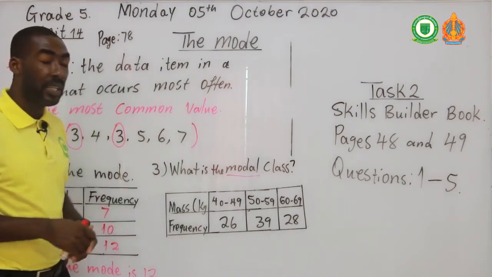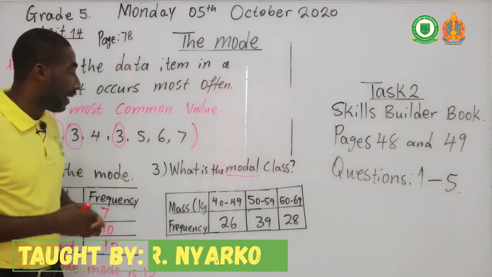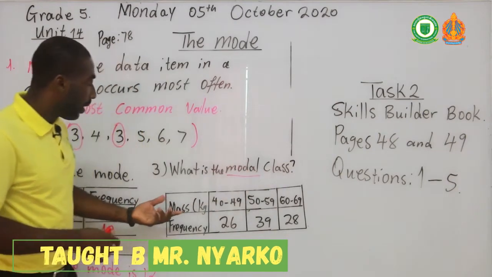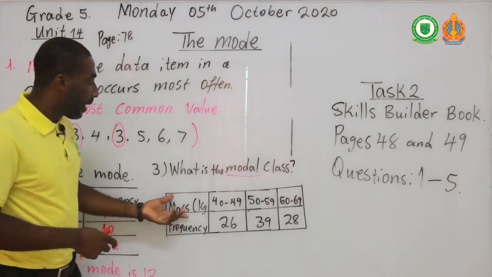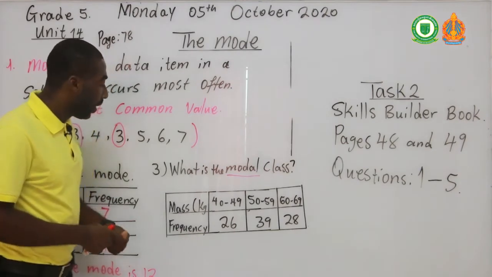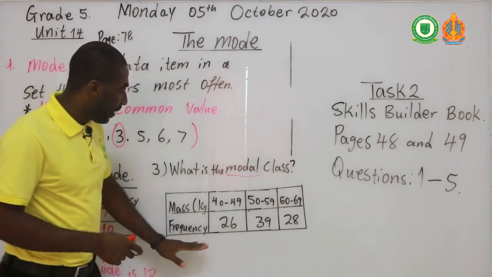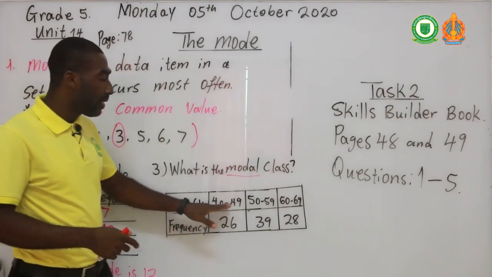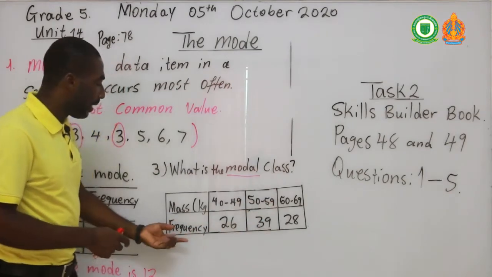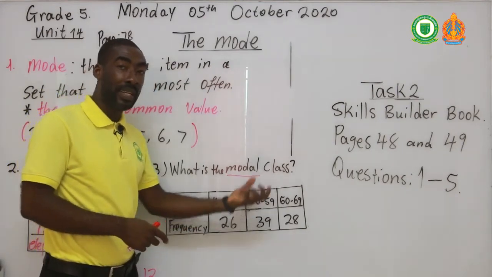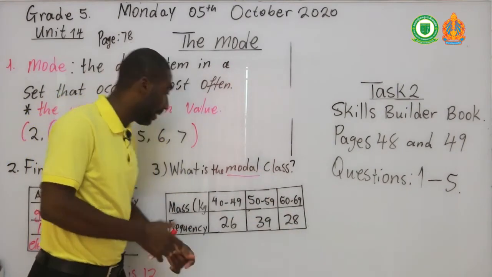Okay, so let me explain, or let's do it so that you understand it better. So what is the modal class? Now we have our first item to be mass, which is in kg, okay? And then we have the other one, which is frequency. So the kg is the class, and the frequency is the number of times that that particular class was being recorded.